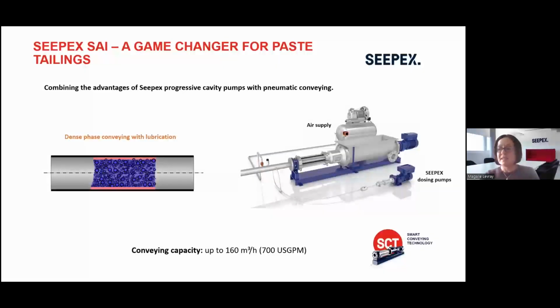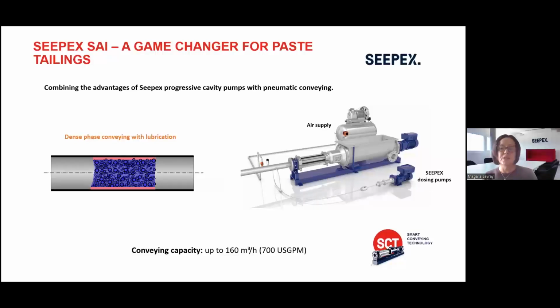Last but not least, paste tailings. We've seen dewatered tailings are recovered from belt press or filter press. Paste tailings are produced in deep cone thickeners, and deep cone thickeners will produce this paste, which is a dense phase fluid.